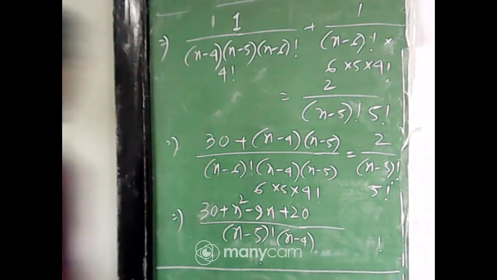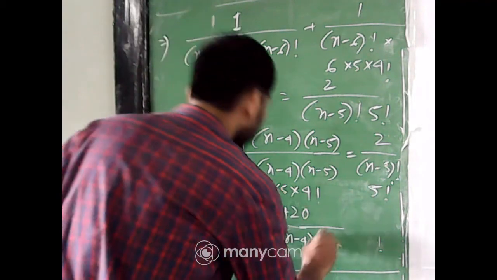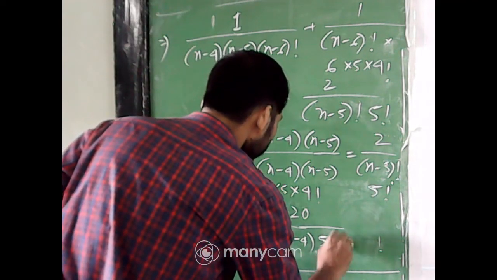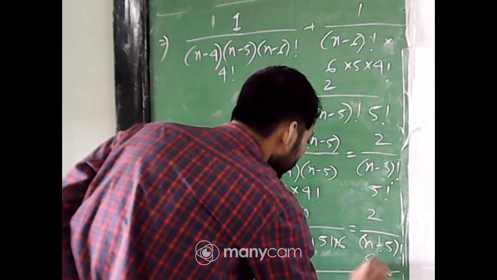We can write it n minus 6 factorial into n minus 5, that means n minus 5 factorial into n minus 4, and with that 4 factorial into 5, that means 5 factorial into 6 equals to 2 by n minus 5 factorial into 5 factorial.